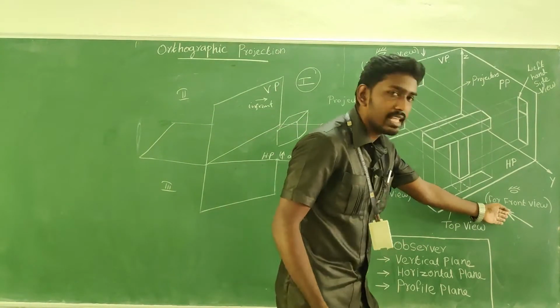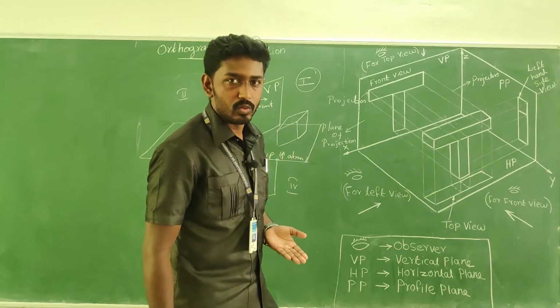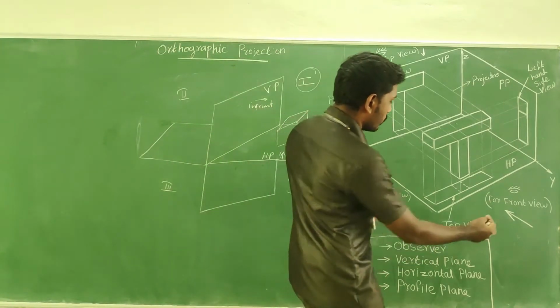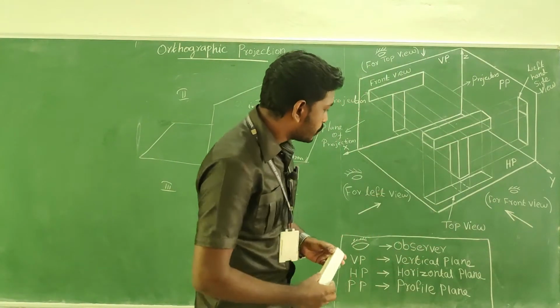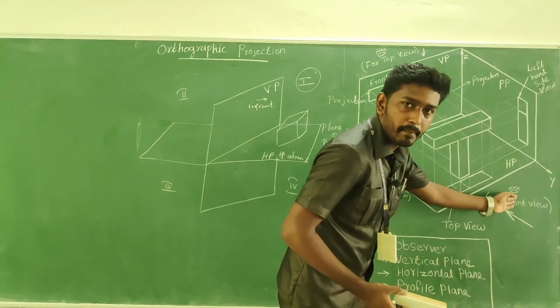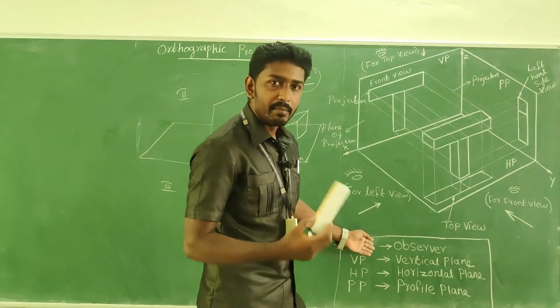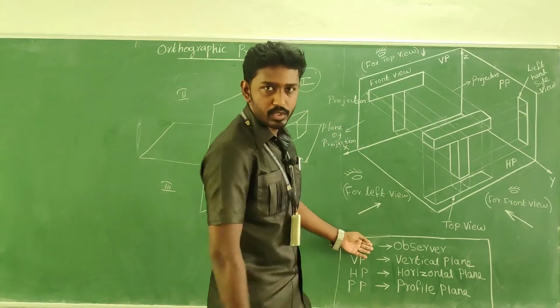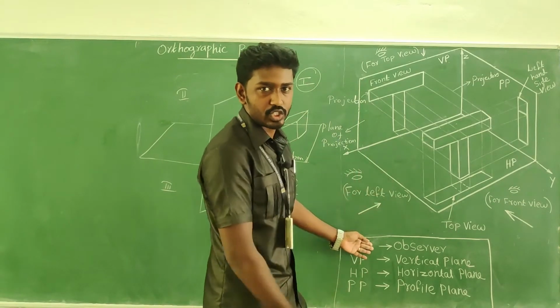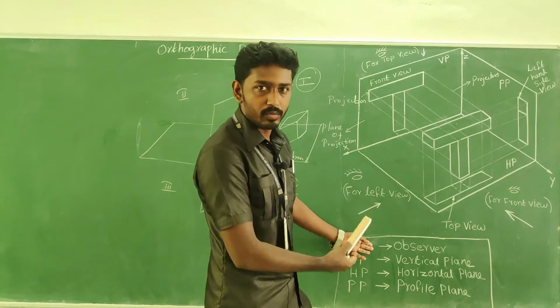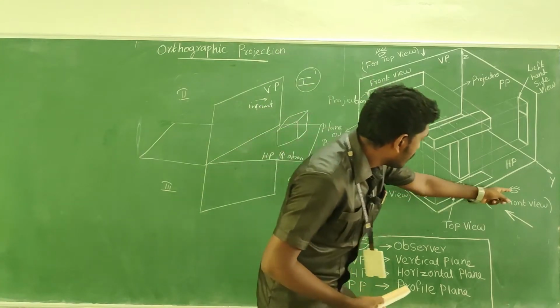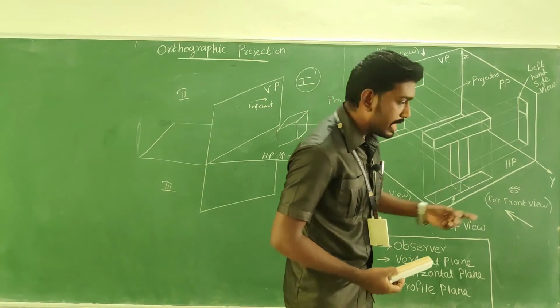This arrow says this is the front view, right? If it is a front view, the observer will be standing here. The observer is nothing but the person who views the object, looking for the projection, okay? The position for the front view is here.